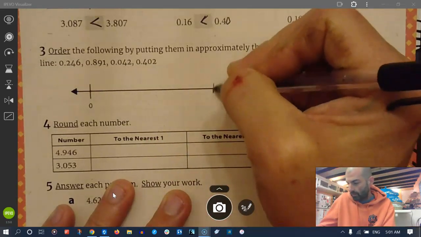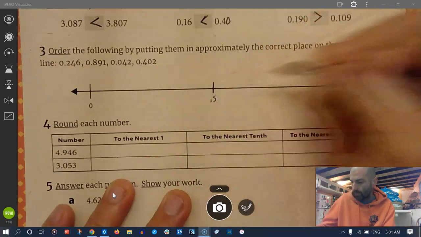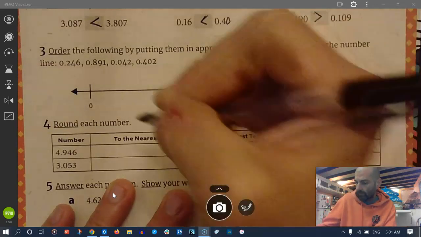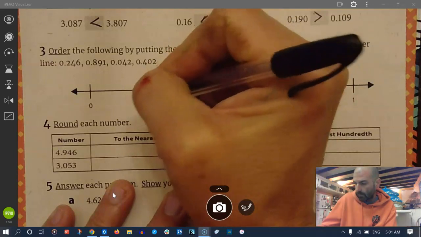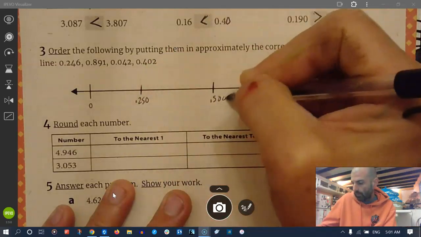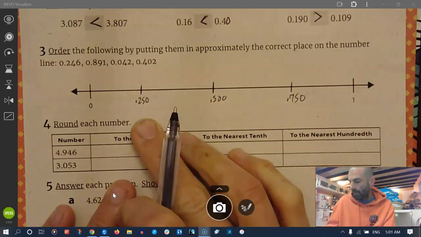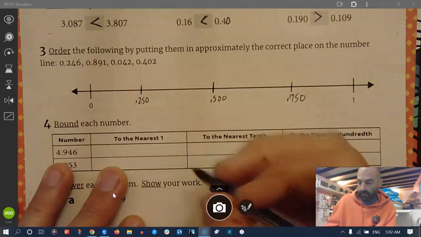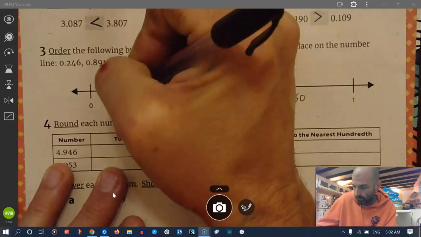So we want to put our benchmarks first. So here's 0.5 or 500 thousandths. Here's 0.75. And here we can just put the thousandths down. So 250 thousandths, 500 thousandths, and 750 thousandths. So 246 thousandths, that's going to go here, really close to here.